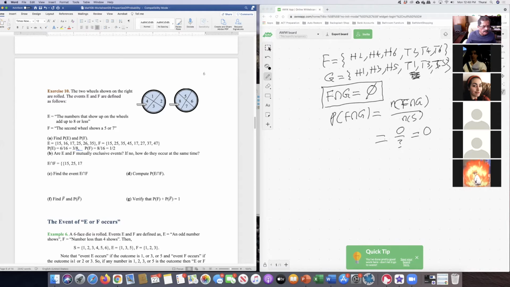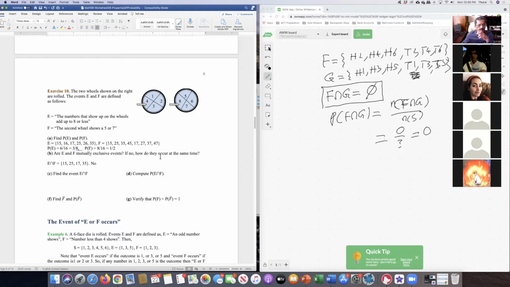Anything else? And 3, 5. Yes, 3, 5 too. I think that's it. So since we have all these in E intersection F, they're not mutually exclusive, right? It's non-empty. So the answer to the question is no, they're not mutually exclusive.